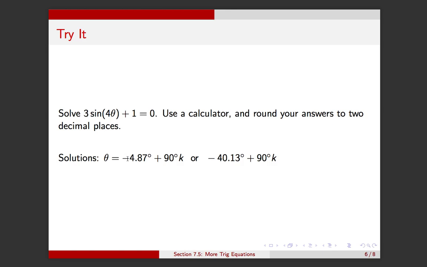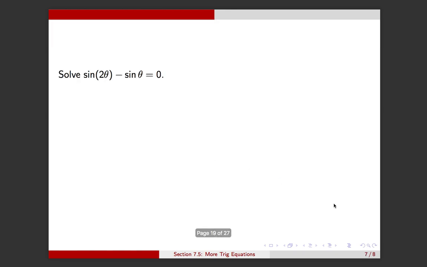And then you divide everything in sight by 4. So I think sine inverse of negative 1/3 is like negative 19 point something degrees. So when you take negative 19 point something, cut it by 4, you get that number. And when you take the version of that angle over in the 3rd quadrant and divide it by 4, you get negative 40.13. So hopefully that's what you did.